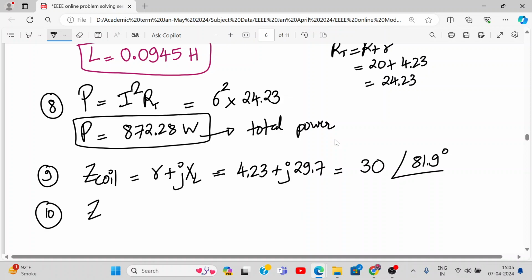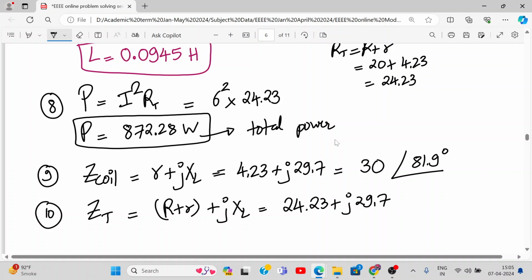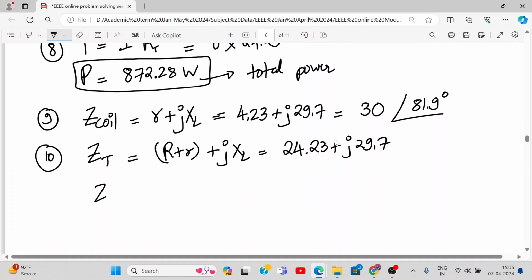Similarly, tell me ZT total. इसका क्या फॉर्मूला था? R plus small r plus JXL, right? So R plus r is 24.23 plus J 29.7. तो ये कैलकुलेट करो, कितना आ रहा है ZT टोटल इम्पिडेंस, into polar form. This is in ohms.